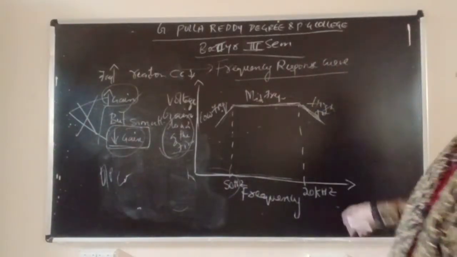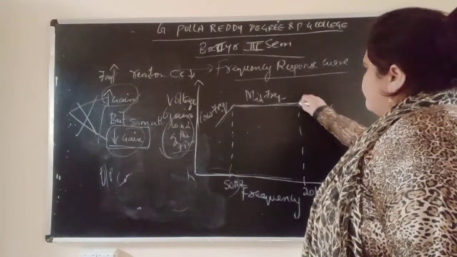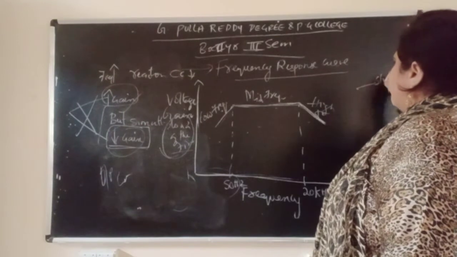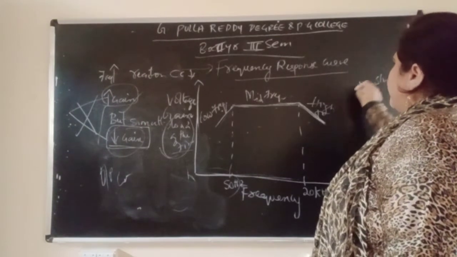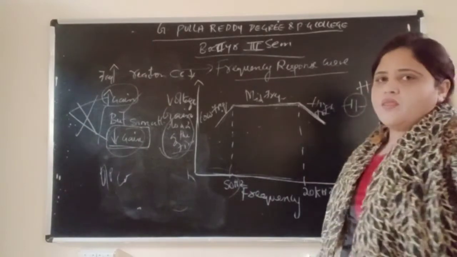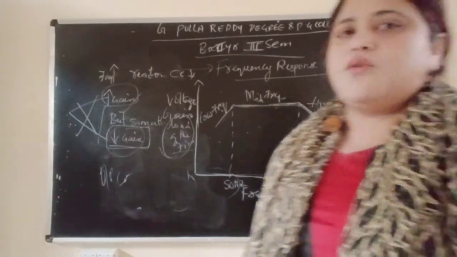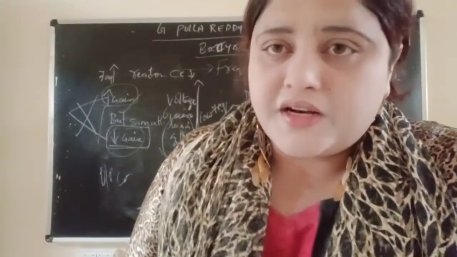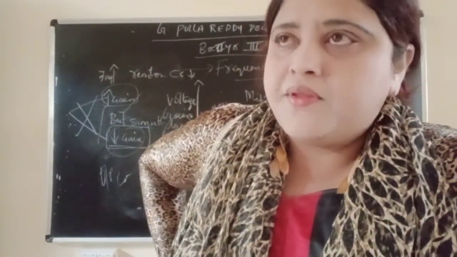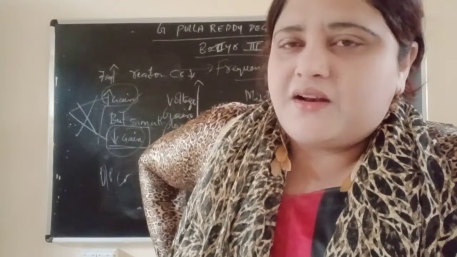Now in high frequency the gain will fall down because of the shunt capacitor at the output. When we are not connecting the second stage to the coupling capacitor, it will be like connected alone.